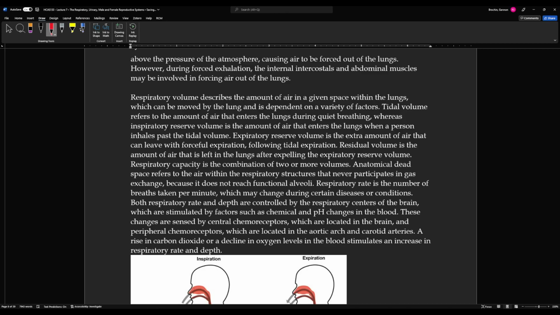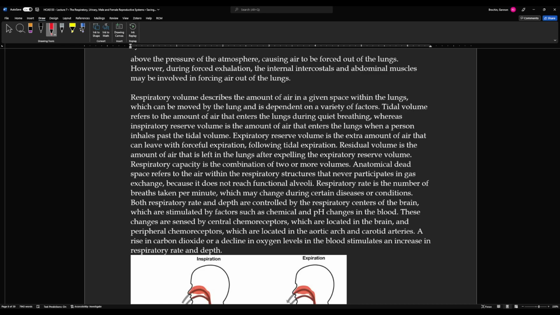There is inspiratory reserve, which then is the amount of extra air that you can inhale beyond your normal tidal volume. So if you are normally breathing, you hit the end of your normal inhalation, and then you start to measure the amount of volume after that.